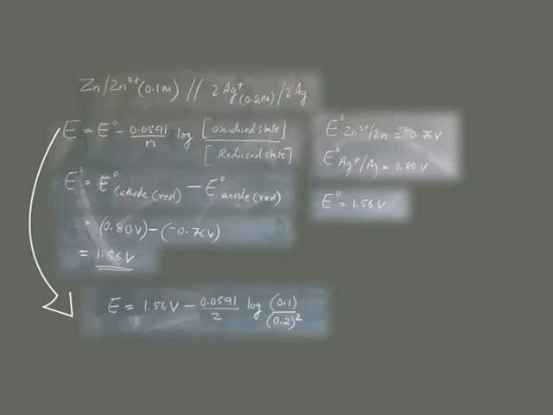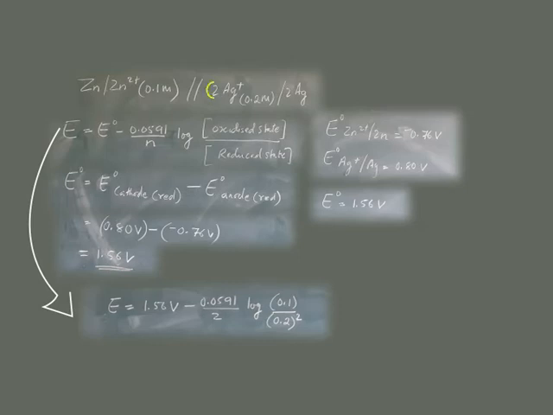Now the reduced state, the concentration of the reduced state is 0.2. But in this case, we have to take 0.2 to the power 2, because you have balanced this equation. 2 molecules of silver ion are involved in the equation.